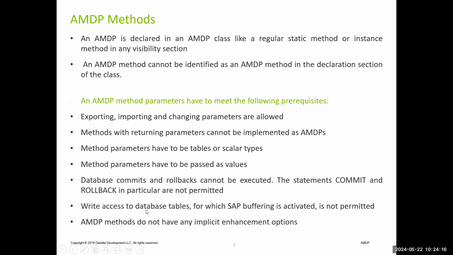Write access to database tables for which SAP buffering is activated is not permitted. Basically, from AMDP you can also do CRUD operations, meaning create, read, update, delete, but only for those tables for which SAP buffering is not active. And the last point: we are writing code directly in the database, not in our application layer.